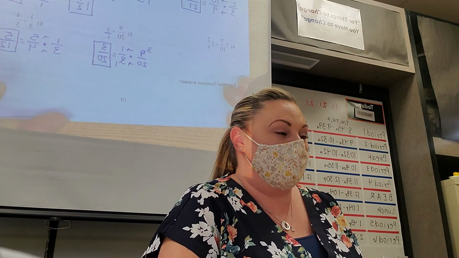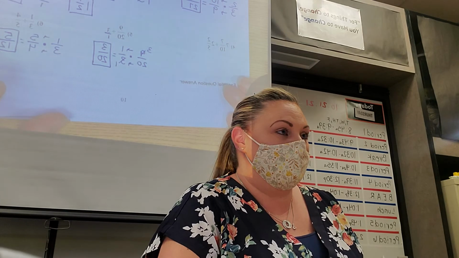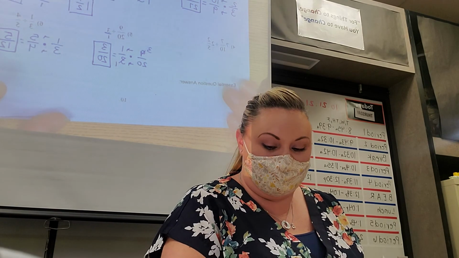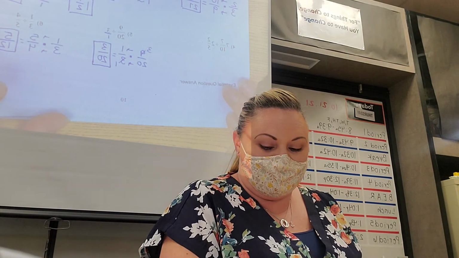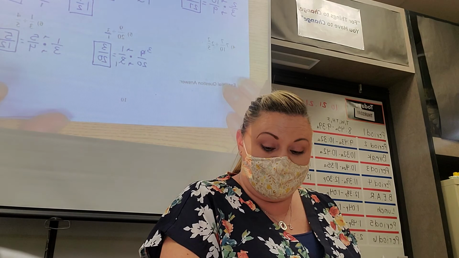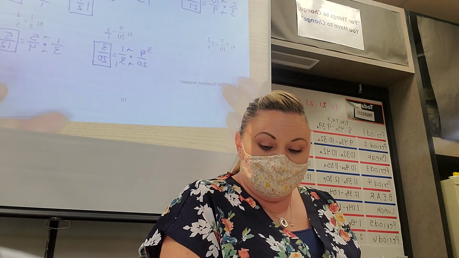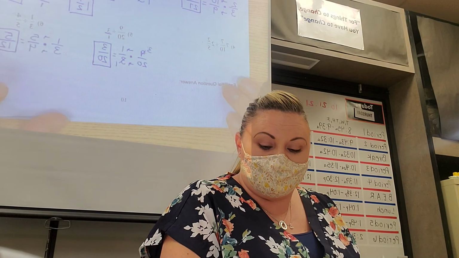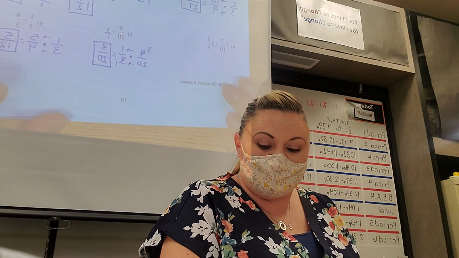Where are you at, Owen? I got 77 over 60 for my 4. Okay, your top number is correct. Look at your bottom number again. 5 times 12. 5 times 12 is 60.